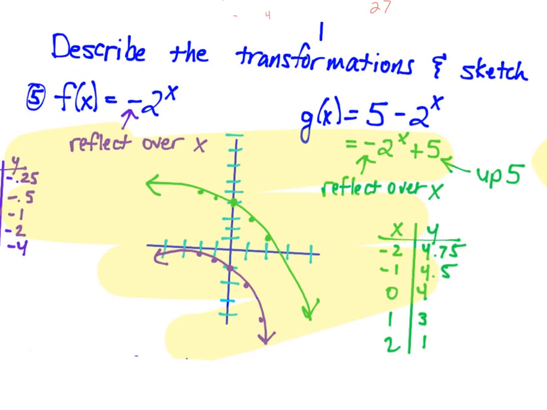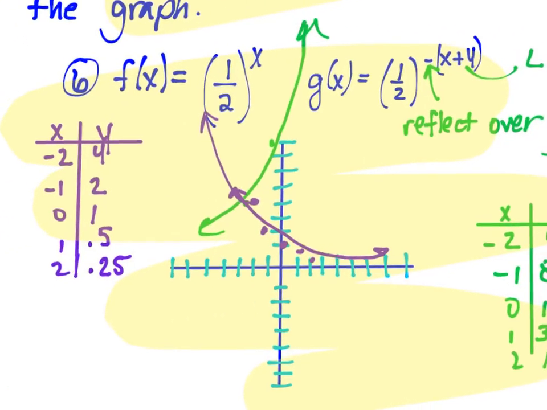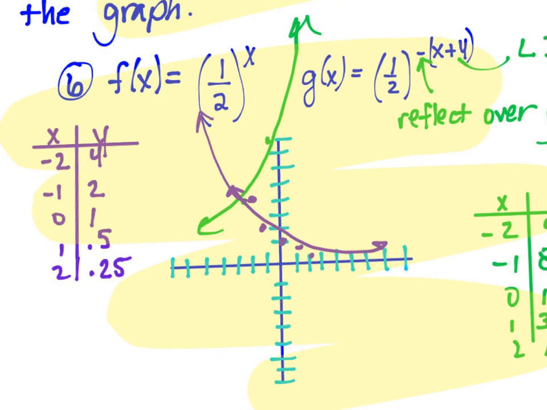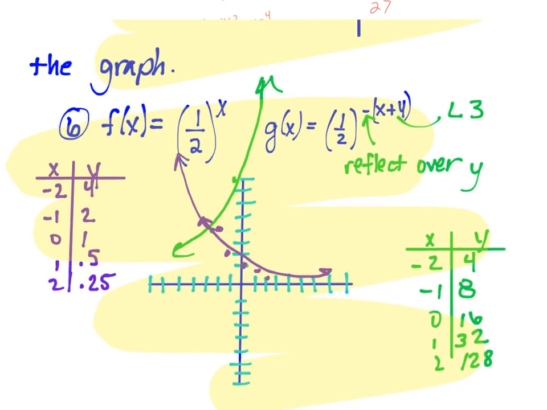And then over here, my purple is the 1/2 to the x. That's our exponential decay, right? It's decreasing. And then my green is our reflection. It flipped over the y, and then it moved which way? To the left 4. Why does it look like it went up? Because of the reflection.